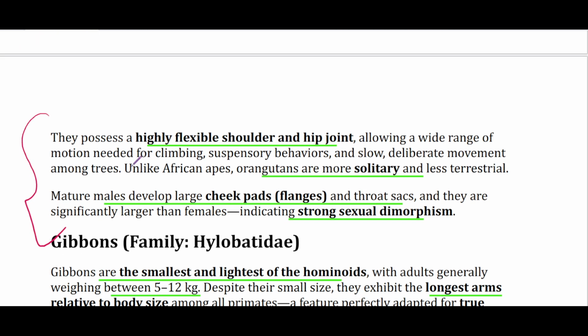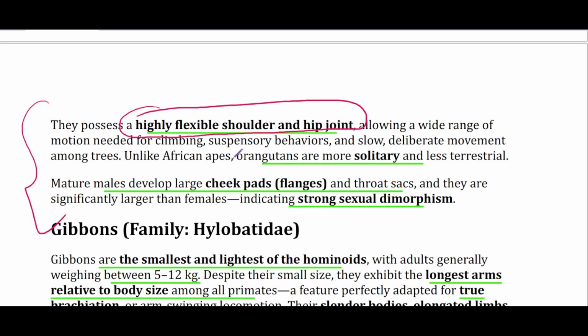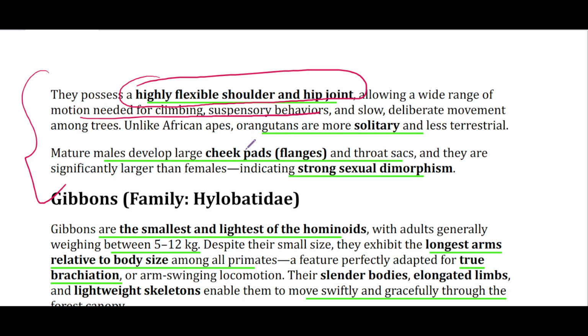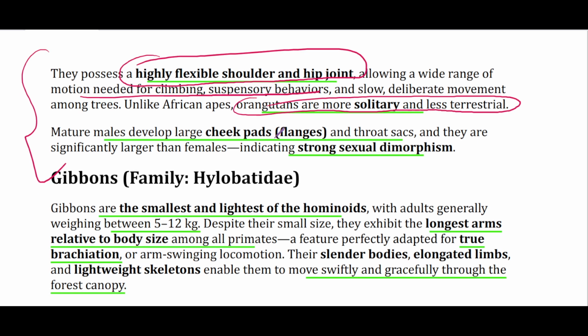And if they are brachiating, or climbing through branches, then they are likely to have flexible shoulder and hip joints, which allow them to perform a wide range of motion needed for climbing and suspensory behavior. They are mostly solitary and less terrestrial.